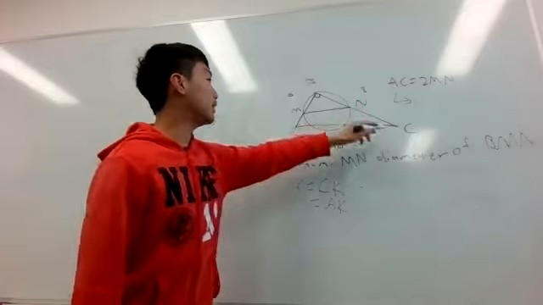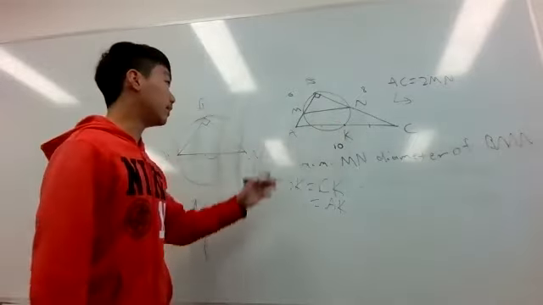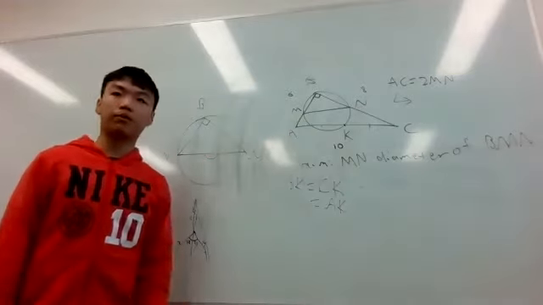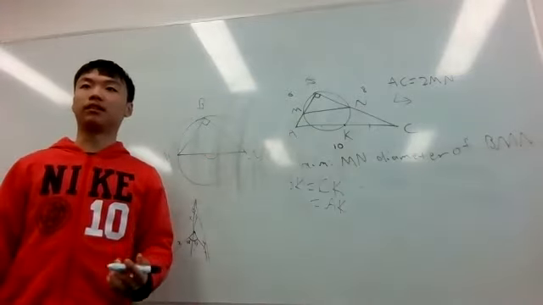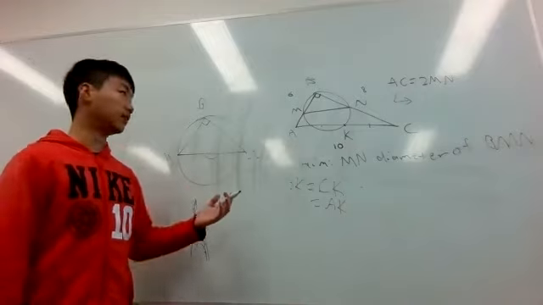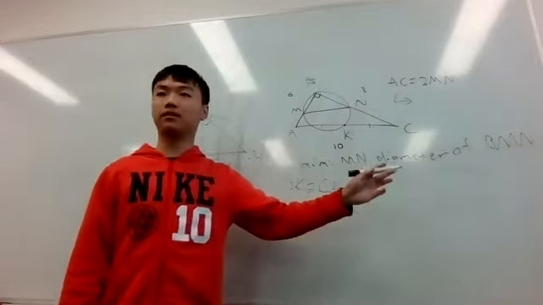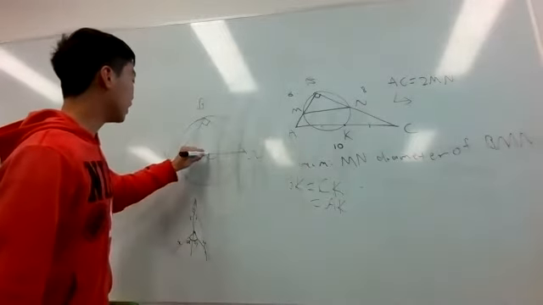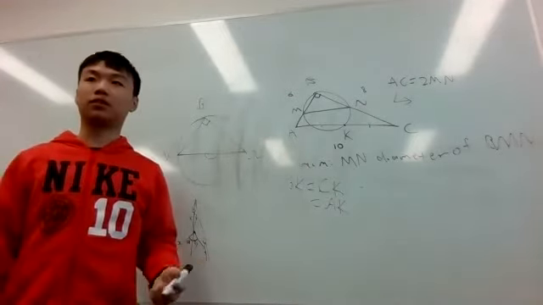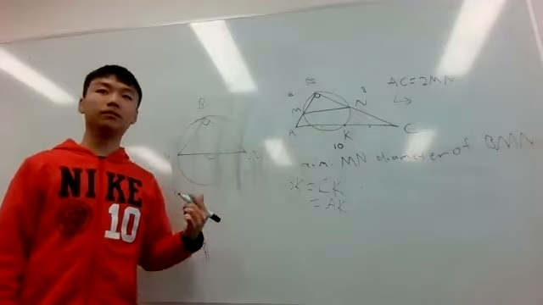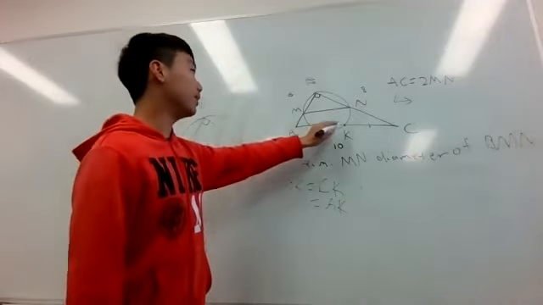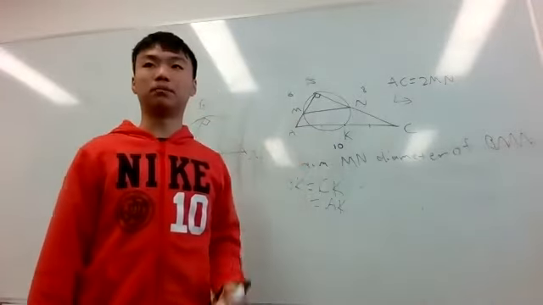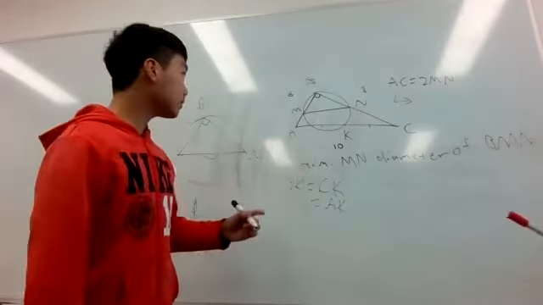So if ABC is a right angle triangle, then AC is the diameter of the circle. Right? Now, where is the circumcenter of a circle? It's on the midpoint of the diameter, right? The circumcenter is where every point on the circle is equidistant to the center. We know that this is the diameter, so the midpoint of it must be the center of the circle.